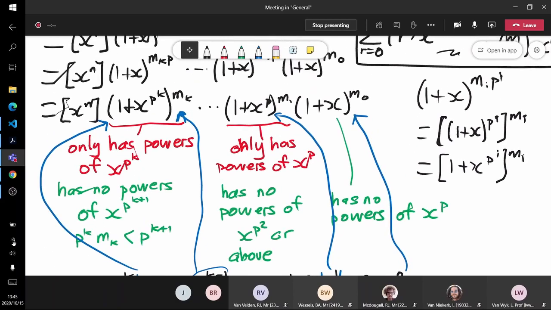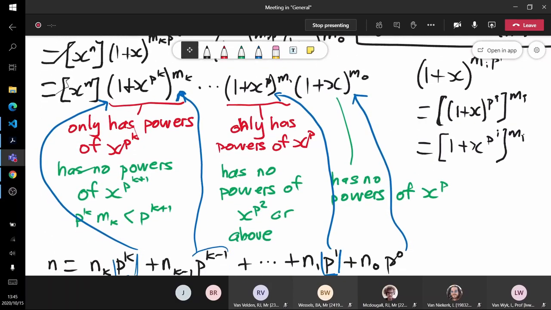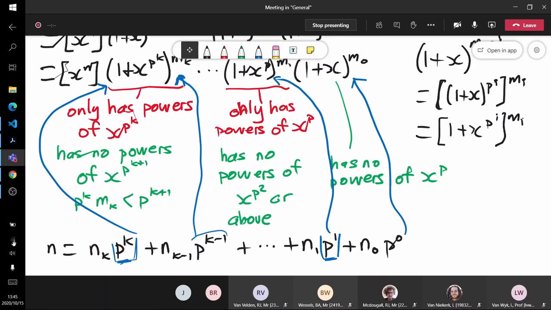So what this means is that when we look for the power of x to the n in this product of separate, similar looking binomial terms, we can actually expand this coefficient that we're looking at.